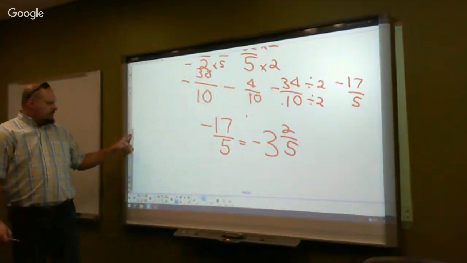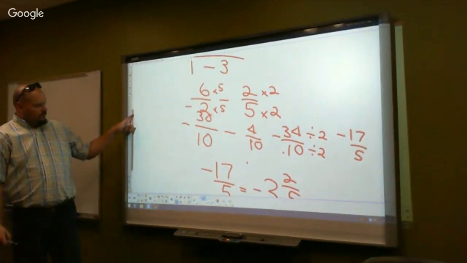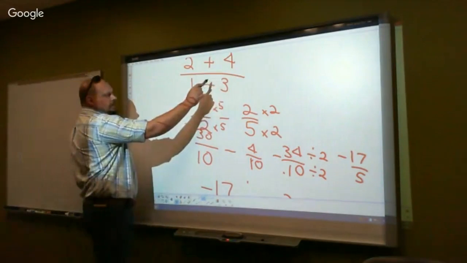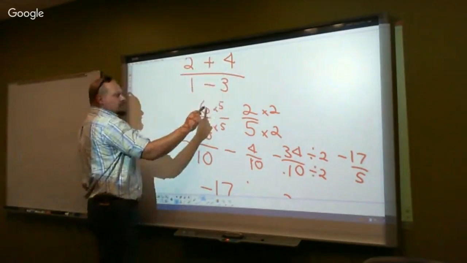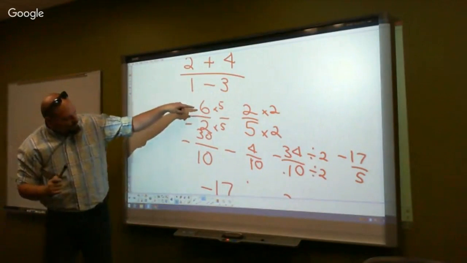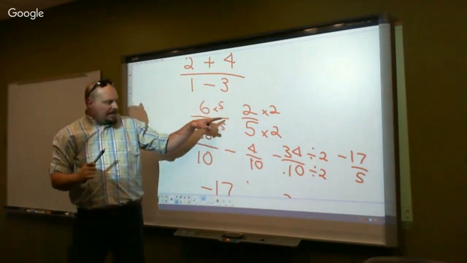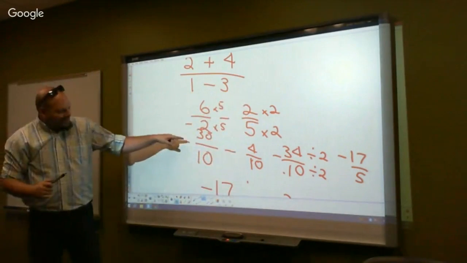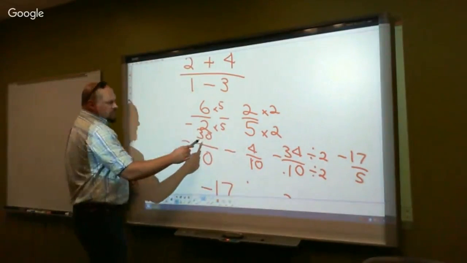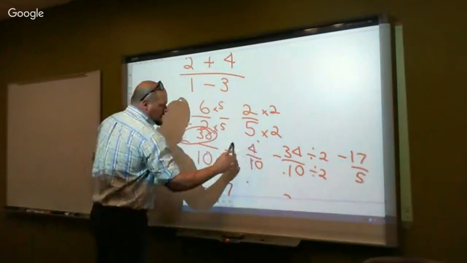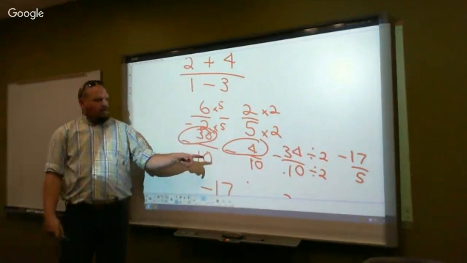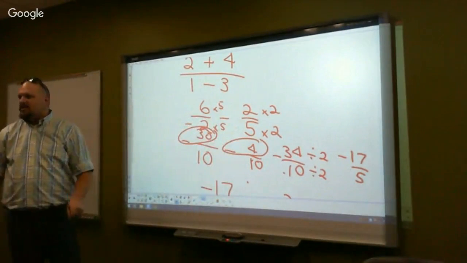Question: how do we get, so we're right here at 30 over 10 minus 4 over 10? This is a negative fraction, right? It's like negative 6 halves minus 2 fifths. So we have negative 30 tenths minus 4 tenths. Negative 30 minus 4, what's that rule?